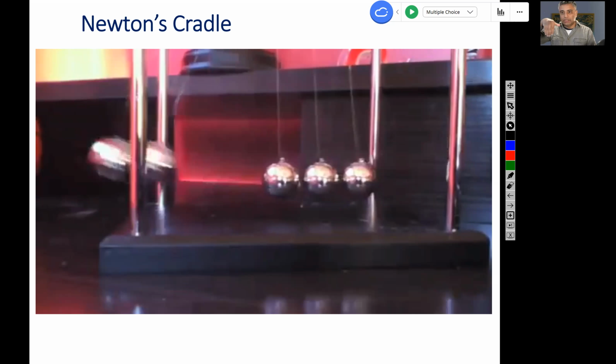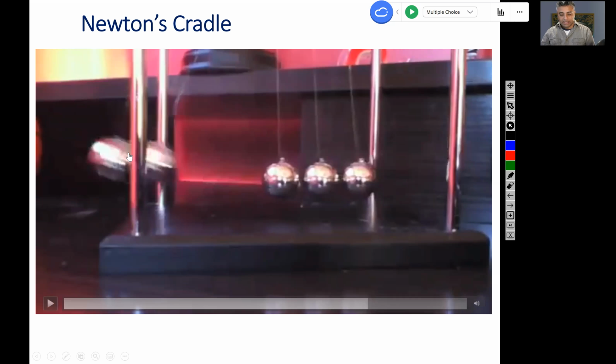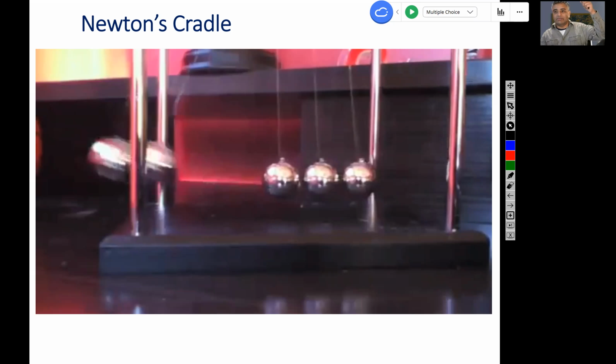When we let it go, it becomes kinetic energy, which is half mv squared. This other ball has the same mass and reaches the same height, which means it must start with the same speed, whatever speed this one ball had when it hit. Same speed means kinetic energy remains the same. So kinetic energy before collision and after collision are the same.